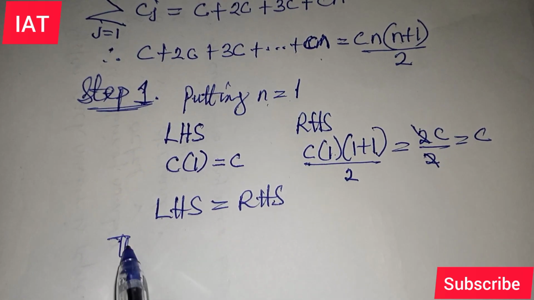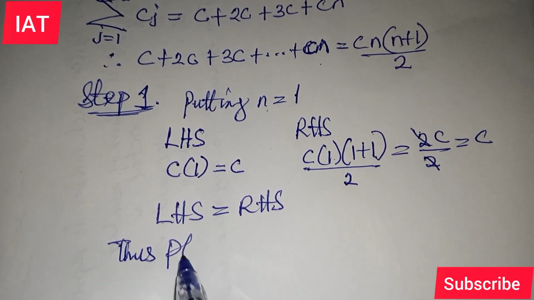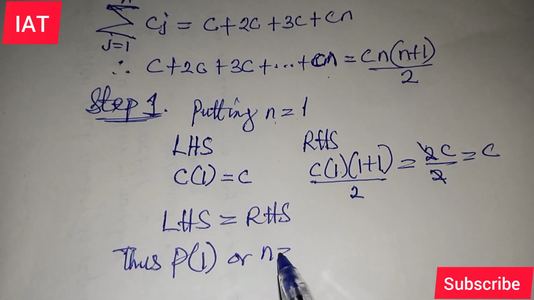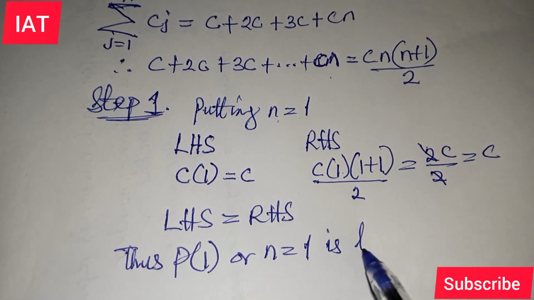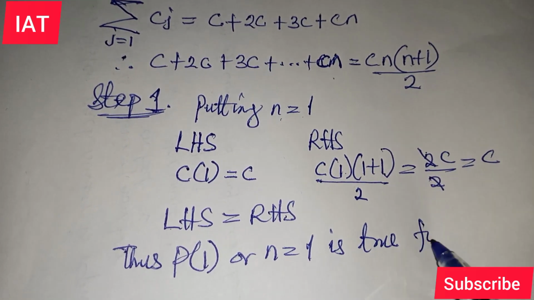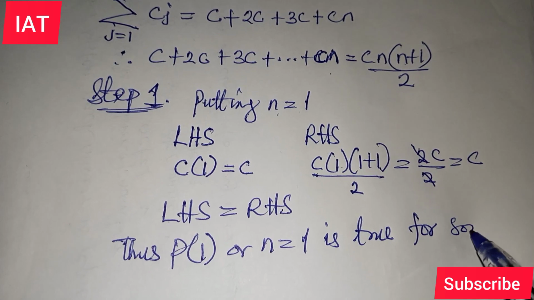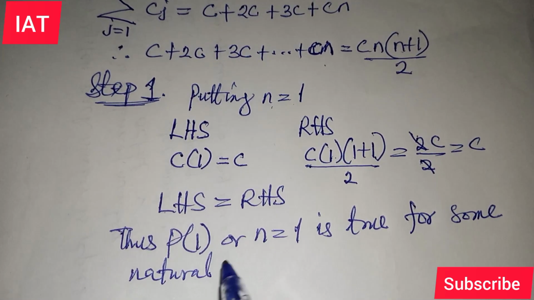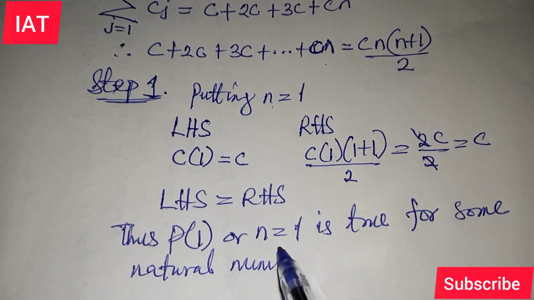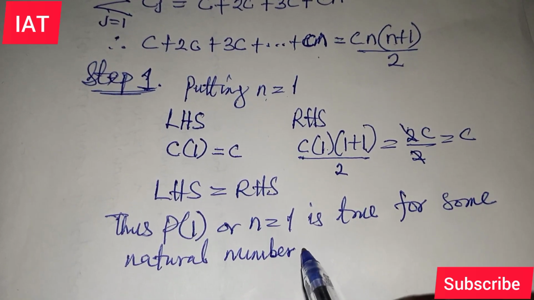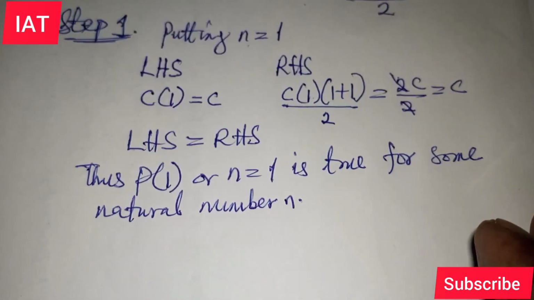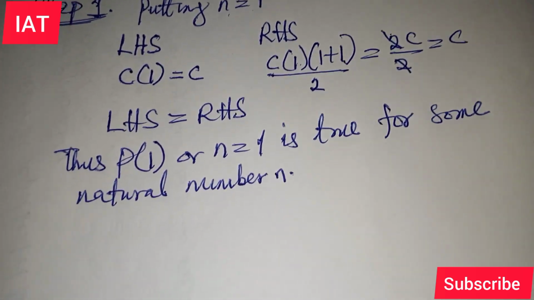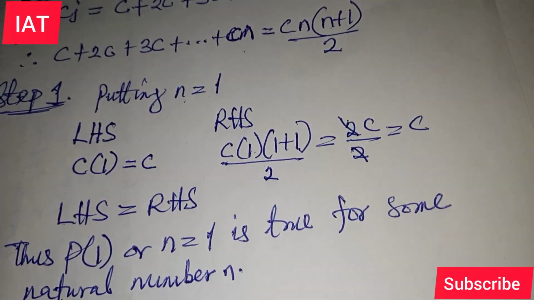You can just say thus p of 1, or you can say n equal to 1 is true for some integers, or some natural integers or numbers, right? Okay, so having satisfied this first step, of course you know how we go about this system.